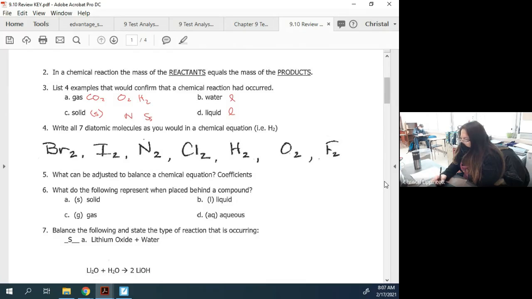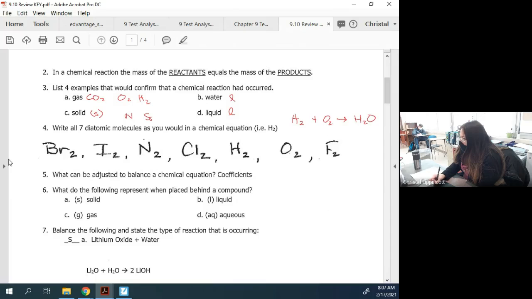Your diatomic molecules, I get you guys on these all the time. Be careful. If these things are listed by themselves, they have to have a 2 on them. Okay. So for example, if we're making water, okay, I'm going to make some water here.